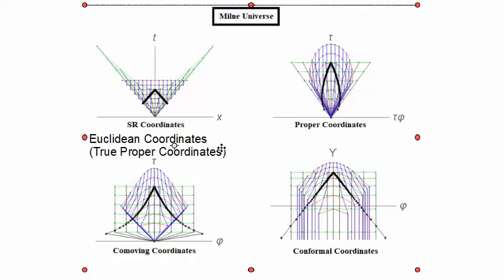The distances along the x-axis here actually represent what people would think of as distances in the real universe, in the real Milne universe.